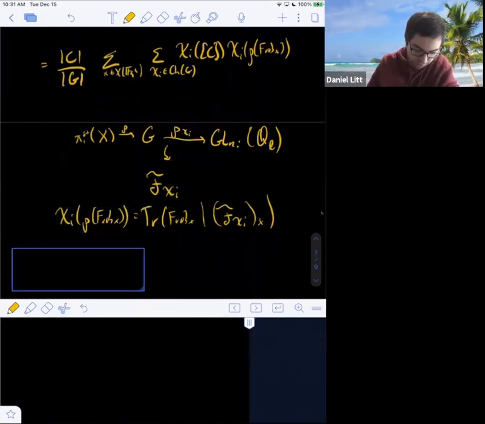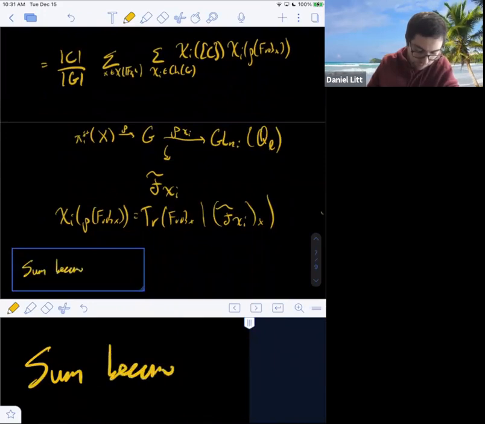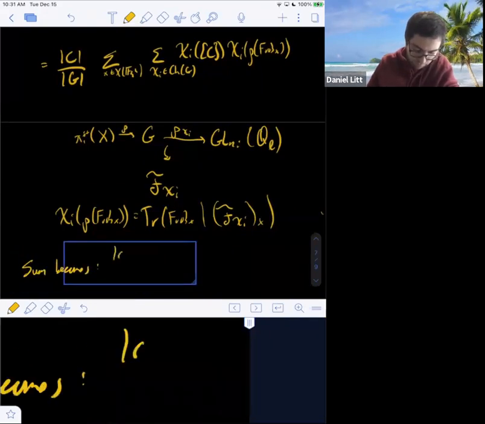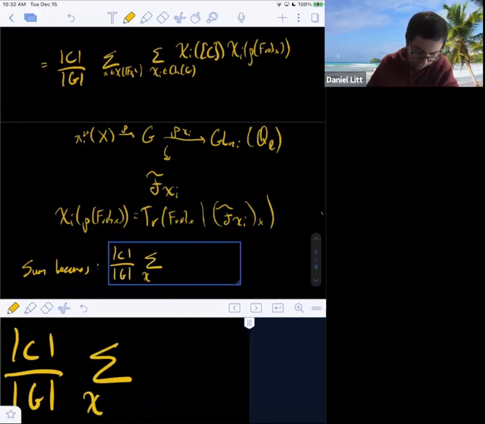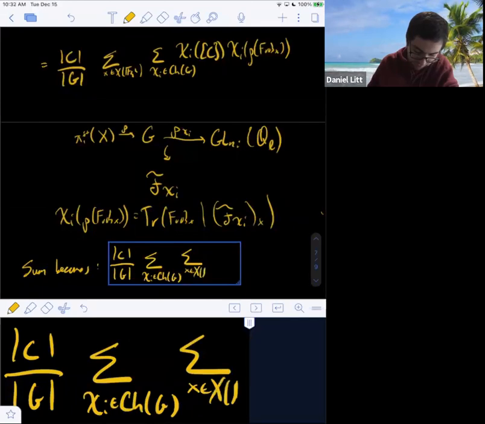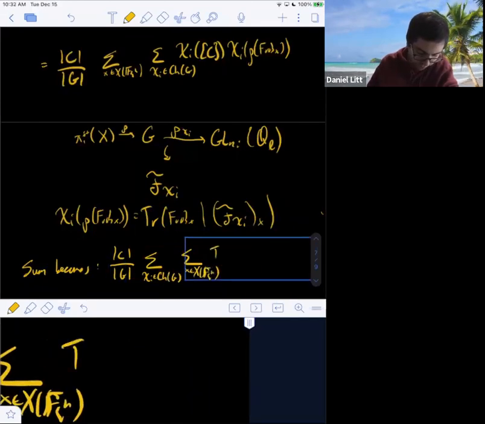So in other words, the sum from before becomes C over G times the sum. I'm going to switch the summations. So sum of chi I in the characters of G, sum of X in X F Q to the N of the trace.